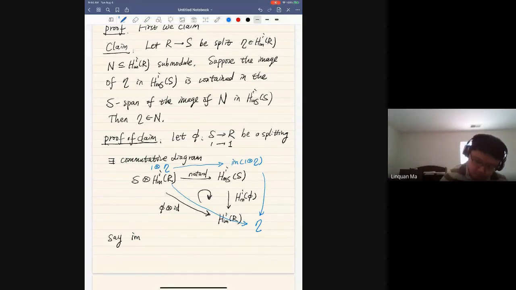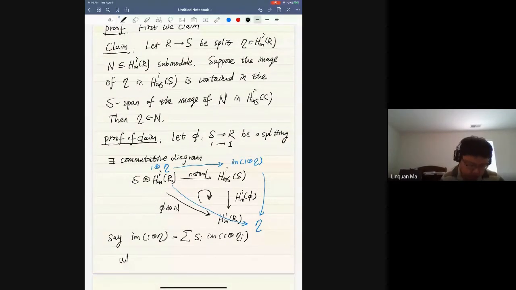Okay. And so suppose the image of one tensor eta. Our assumption is that after you map everything to H^d_m(S), the image of eta is in the S span of the image of N. What that means is that the image of one tensor eta is a summation of s_i times the image of one tensor eta_i, where s_i is inside S and eta_i is inside N. That's precisely our assumption, which is star.